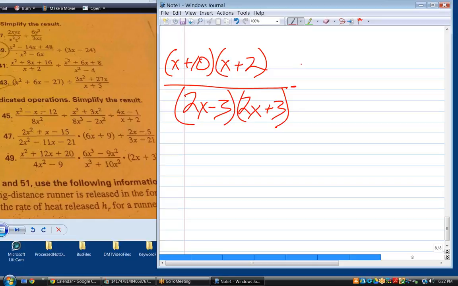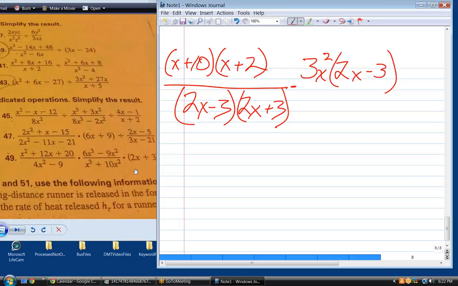And then factor this numerator. I'm not sure. Take a greatest common factor out of it. So 3x squared is the greatest common factor, leaving behind 2x minus 3.